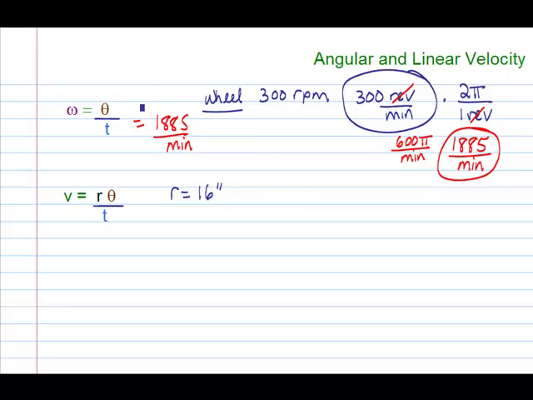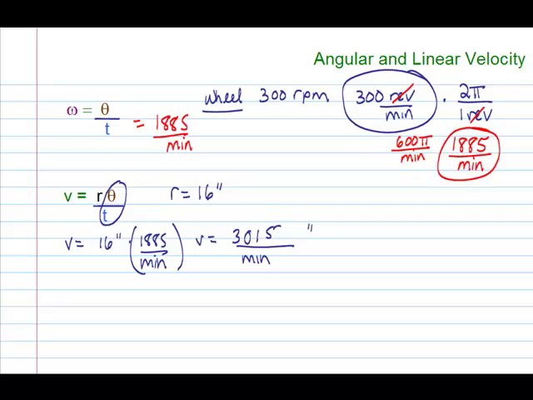And since we've already calculated our angular velocity, theta divided by t, we can calculate our velocity by substituting in 16 inches for r and 1885 radians per minute for our angular velocity, and we're going to be getting our answer in inches per minute. And we will be traveling at 30,159 and 3/10 inches per minute.